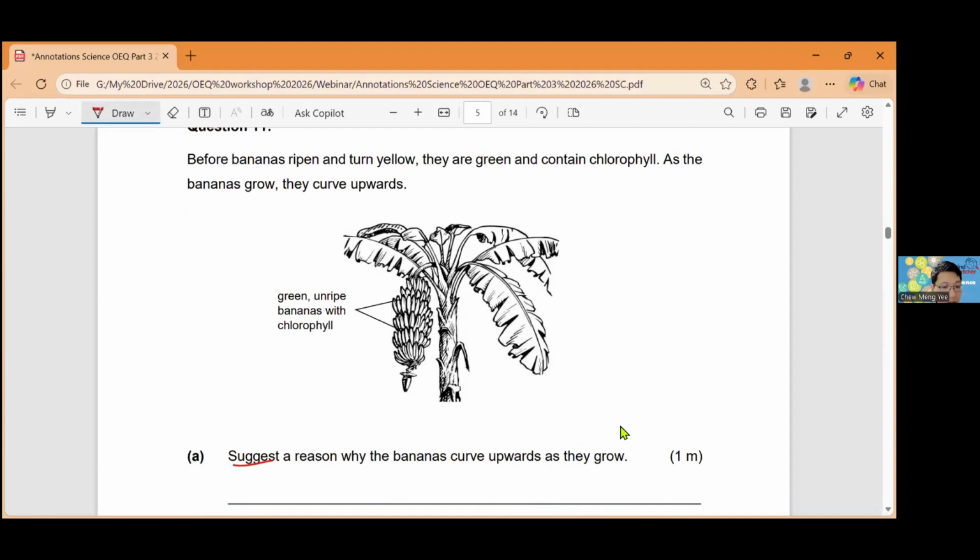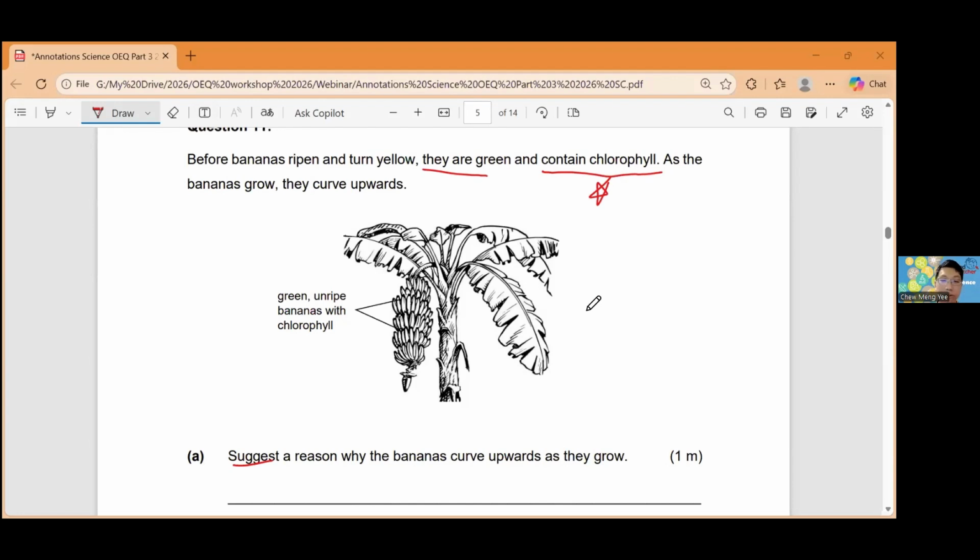Remember when you try to answer these questions, you must analyze the whole question. So the hint is that they are green and they contain chlorophyll. This is a very important hint. What is chlorophyll for? Chlorophyll is meant to absorb or trap light. Why would the bananas contain chlorophyll? We do not know.